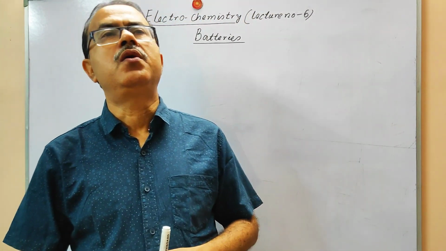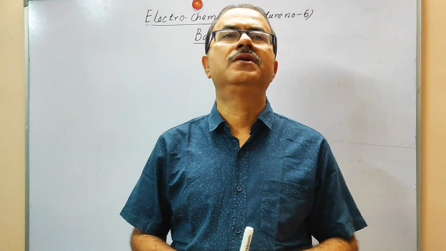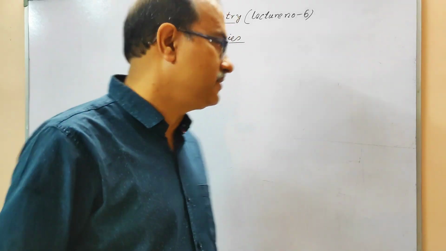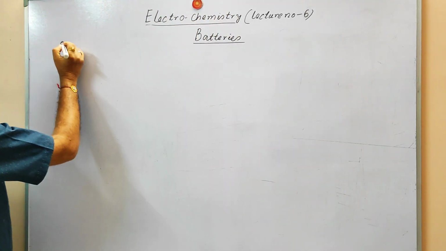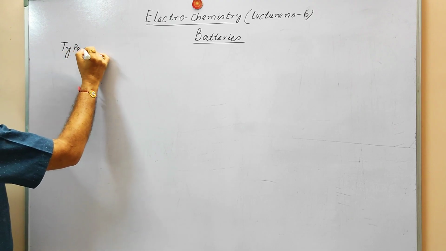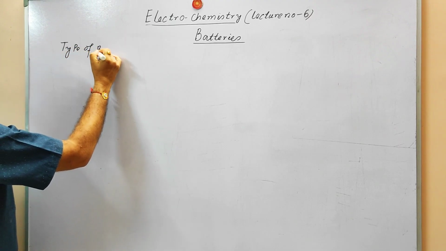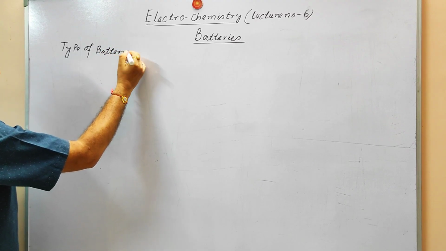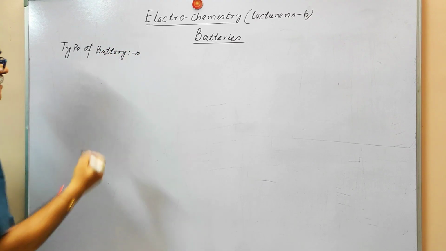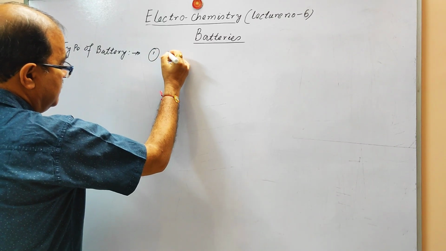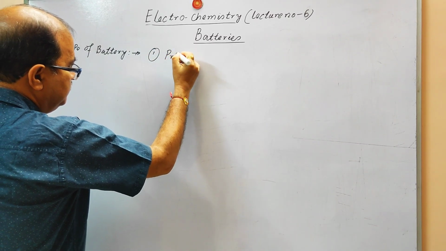So now let us understand the types of batteries. What are the types of batteries? A battery, or you can say a cell, has three types. Number one, the primary battery.